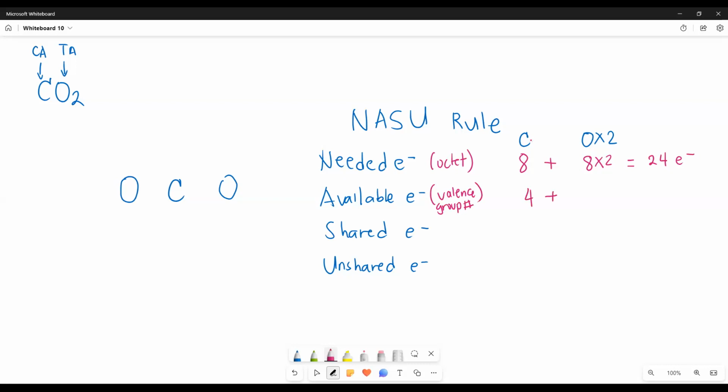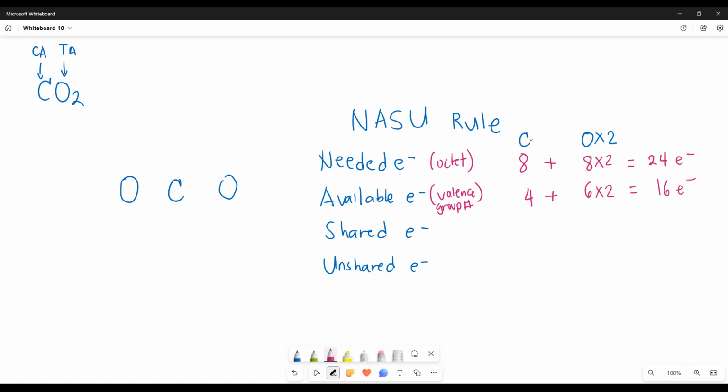Oxygen belongs to group number 6. So it has 6 valence electrons. But remember, we have 2 oxygen atoms, so you need to multiply this by 2. So 6 times 2 is 12 plus 4. How many is that? 16. So 16 electrons available.